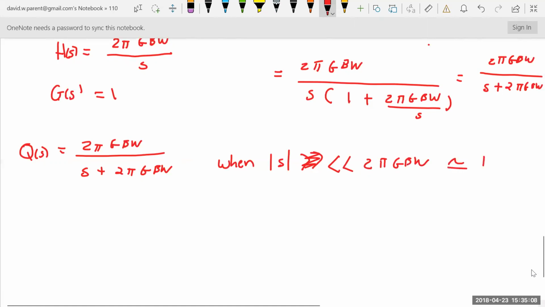The whole thing goes to 1, right? It's a buffer. So, what frequency would that be?